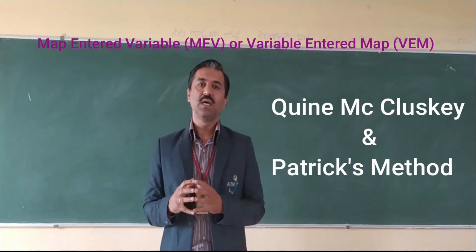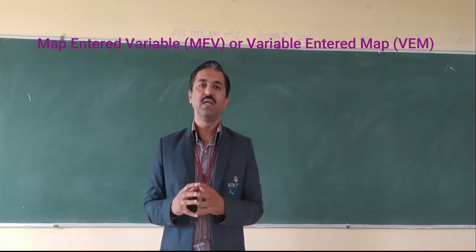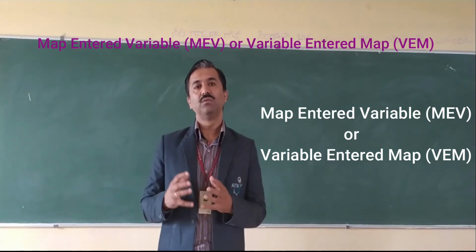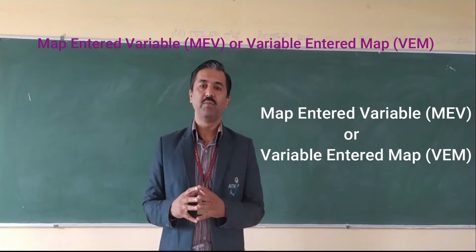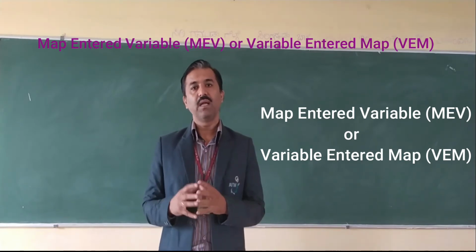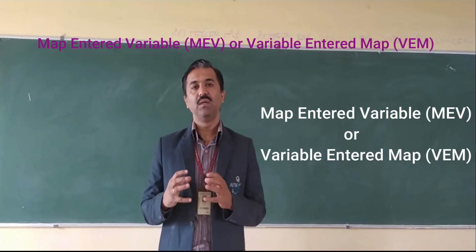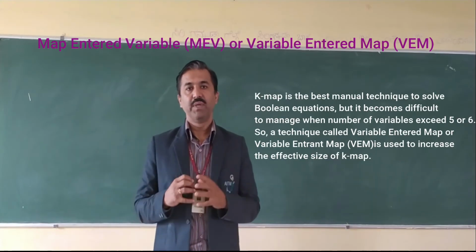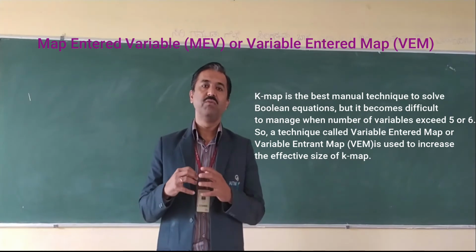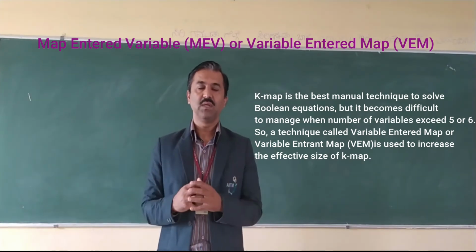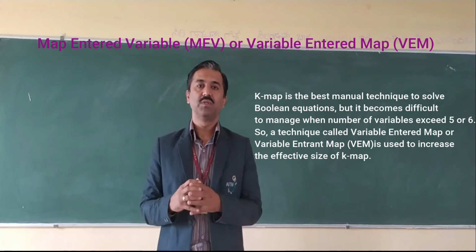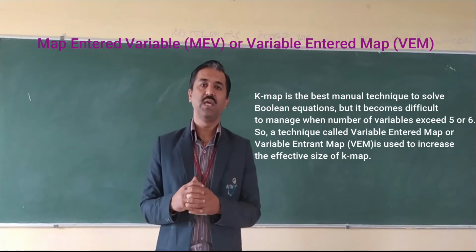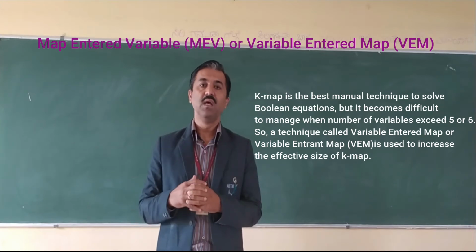Today, we are going to see what exactly we mean by map entered variable, MEV, which we also call a variable entered map, VEM. When the number of variables increases, it is not possible to go beyond 4 variables in a K-map or the Quine-McCluskey method.